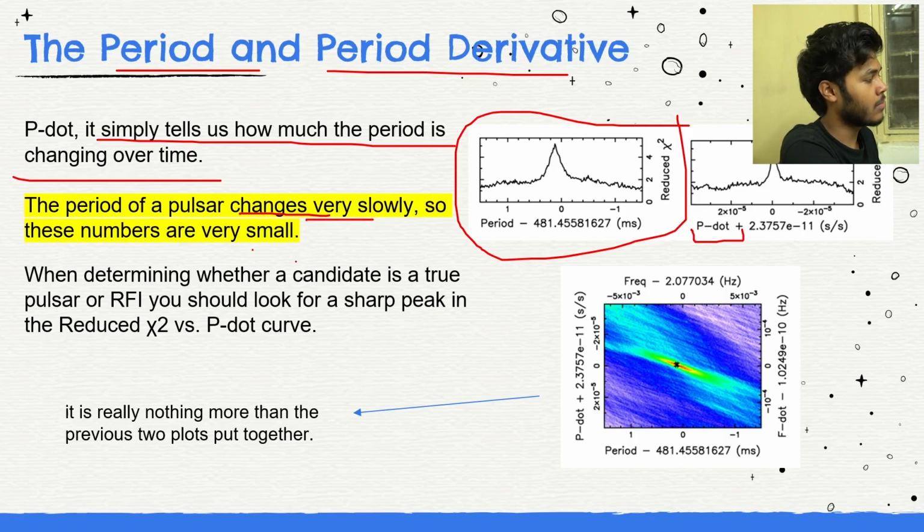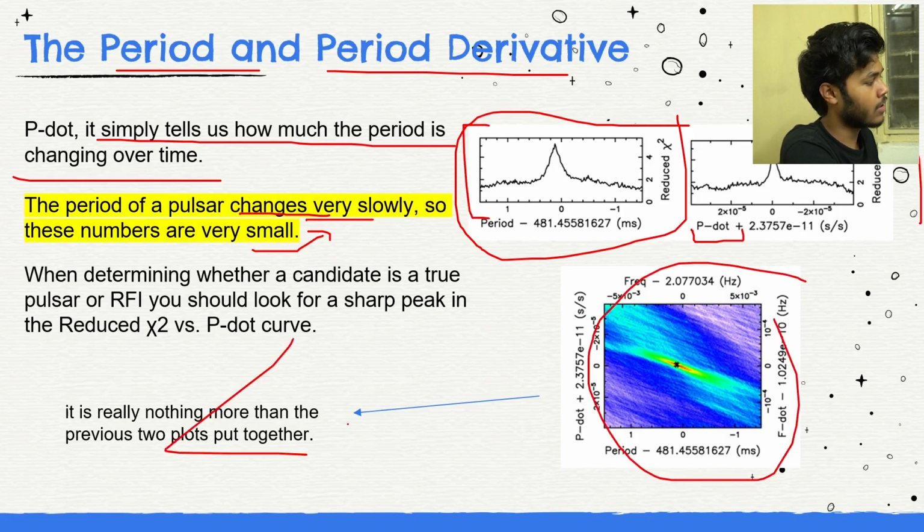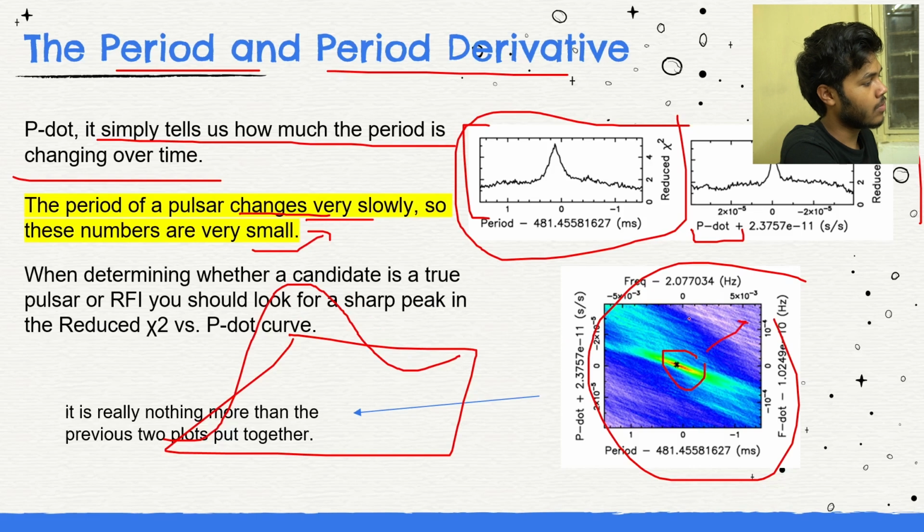So these numbers are very small, and if we combine these two, then we will get this plot. This is nothing but a plot in 3D. Red area means high signal, and as it goes to purple, the signal reduces. It is just a combination of these two plots.